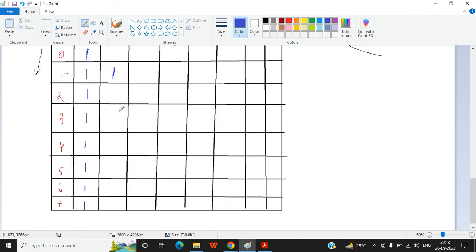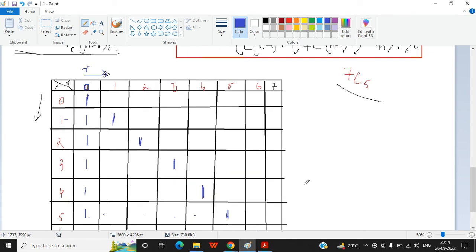Which cells here represent n equal to r? The diagonals. 0 and 0 is 1, 1 and 1 is 1, 2 and 2 is 1, 3 and 3 is 1, 4 and 4, 5 and 5, 6 and 6, 7 and 7, all will be 1. Because this is a square matrix, the diagonal is the second one and the last one.